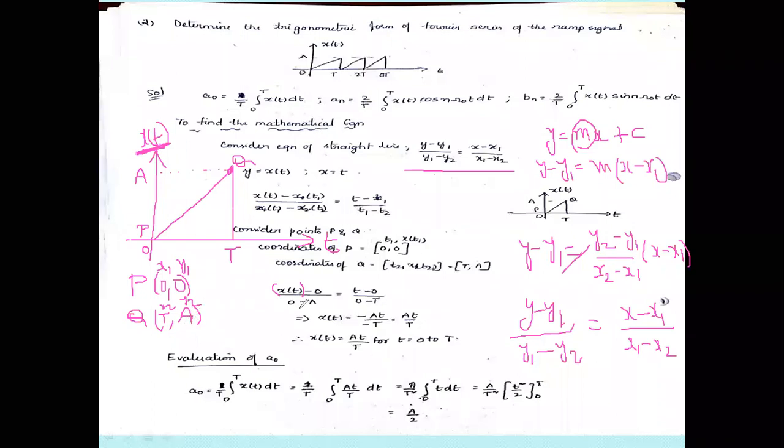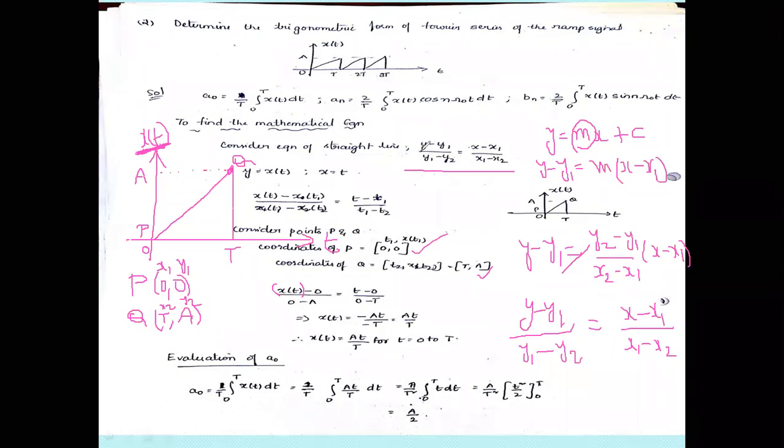Following, my dear students, take the quadrant P as 0, 0, and the other quadrant Q as T, comma A. Then we consider the points P and Q. So I am substituting the values of y1, y2 and x1, x2 in the equation of a straight line.